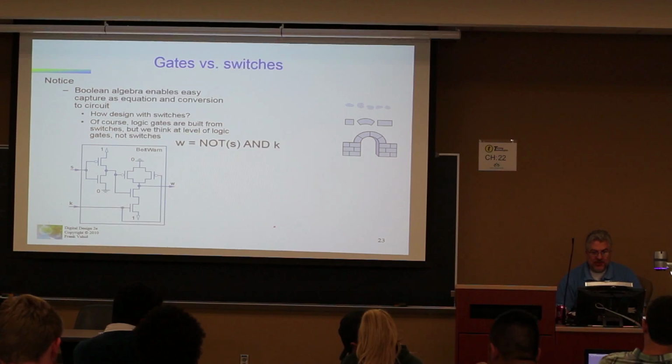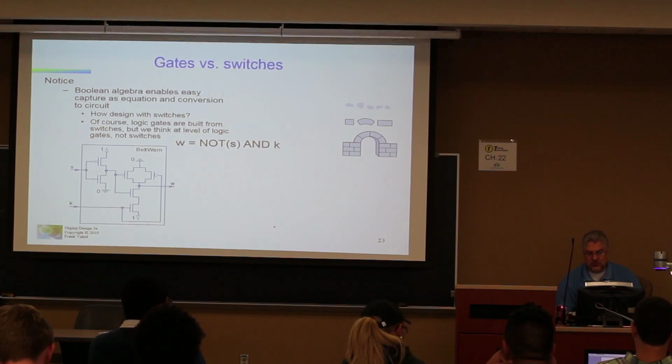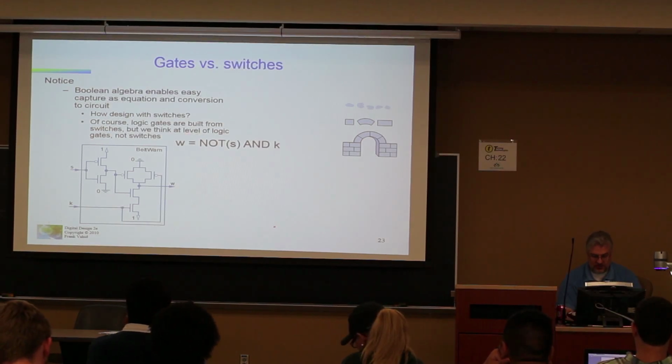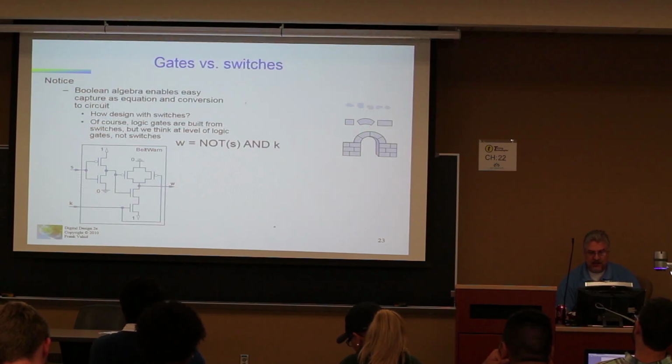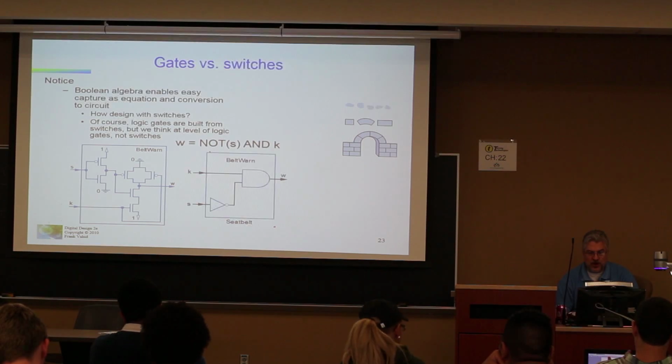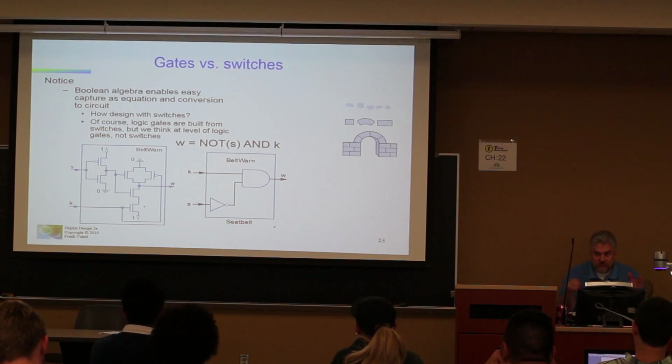Now we talked about gates versus switches. So, we did these nice logic gates right here, and the representation of this with respect to our actual gate. This would be the down and detailed CMOS implementation. And which one would you rather design in class?